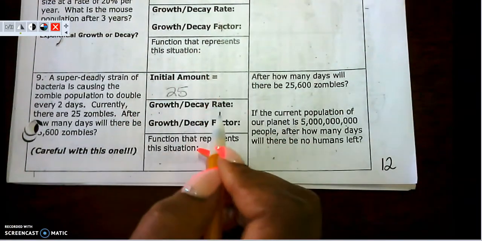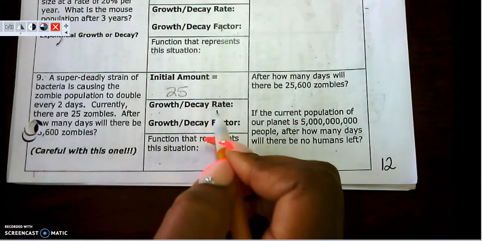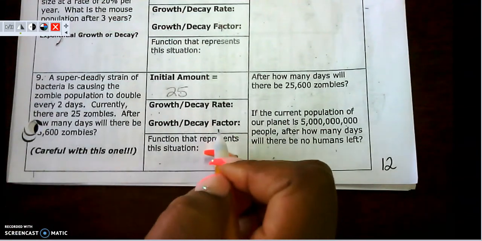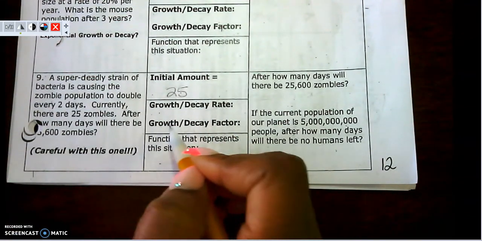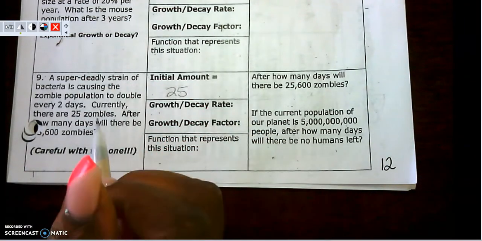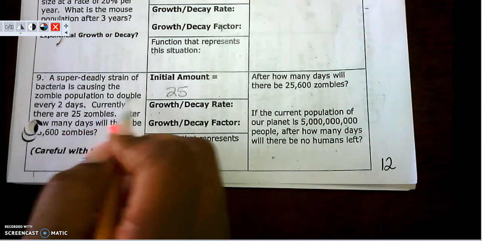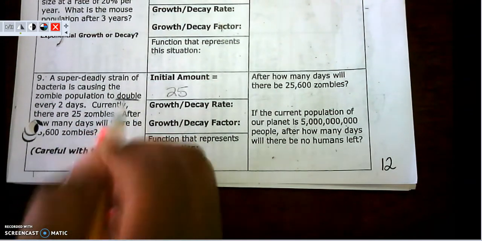They didn't give us a specific rate. They didn't give us a percentage or a decimal. So technically, we're going to jump to whether or not we're dealing with a growth or decay factor. Well, we know that we're dealing with a growth because it says that it's doubling. So that's the key thing.